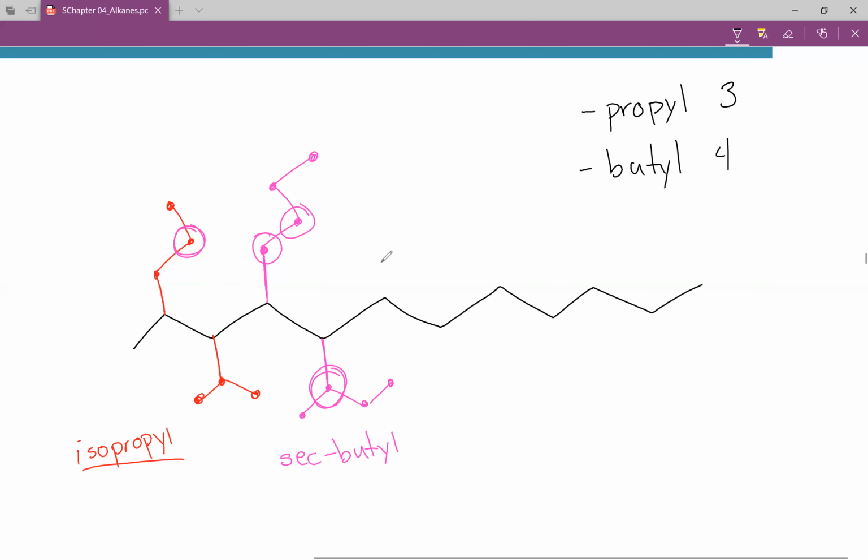Similarly, we can have something called tert-butyl, where instead of the butyl being just a regular chain, as in a regular butyl chain or a sec-butyl chain, all of the carbons are attached to one central carbon right there. And that central carbon is a tertiary carbon. So we call this tert-butyl. Okay?